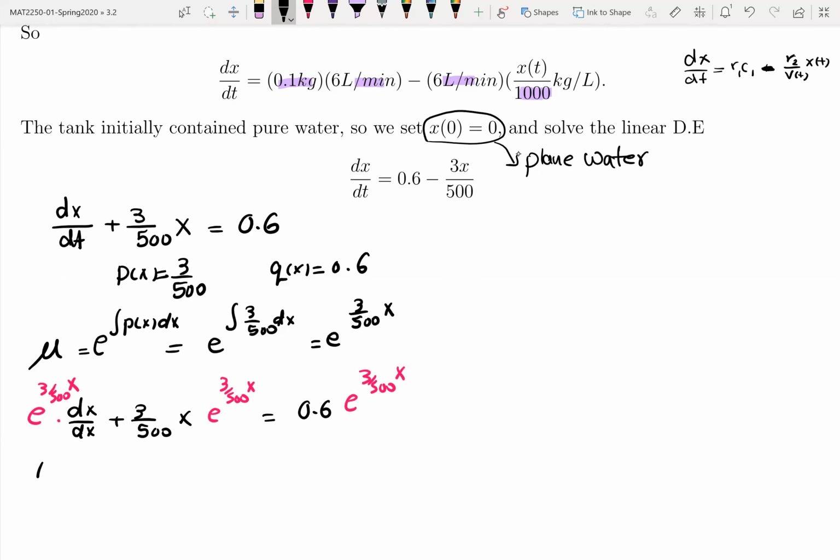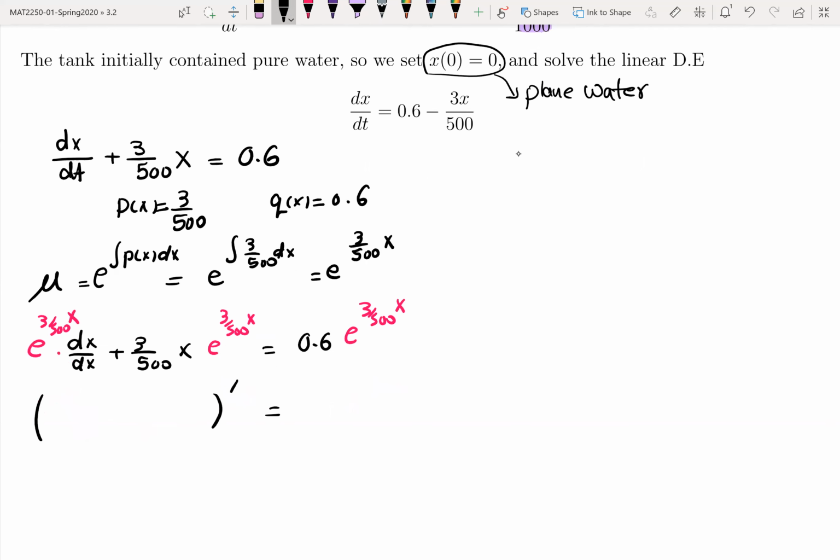So this side was the product of two functions, and that would always be mu times, sorry, I just need to fix this one. That was t.